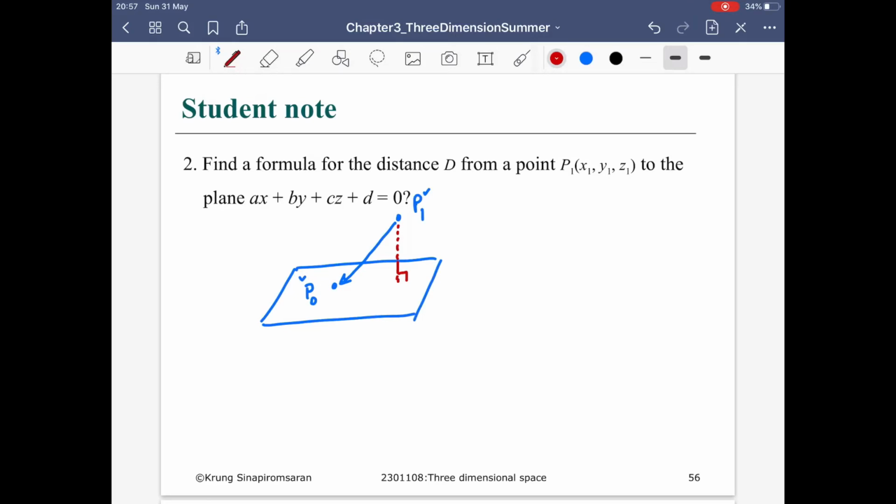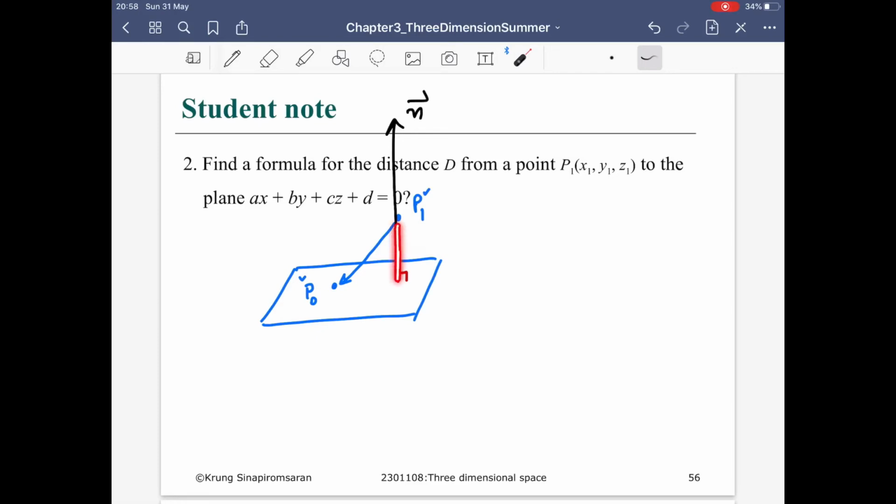Can you imagine what happened to this kind of diagram? Because you have the one that is perpendicular to the plane, you immediately think of what? Your normal vector n that is pointing orthogonally outward from the plane, and then here you have your vector p1 p0.